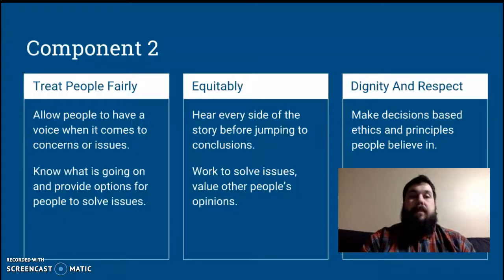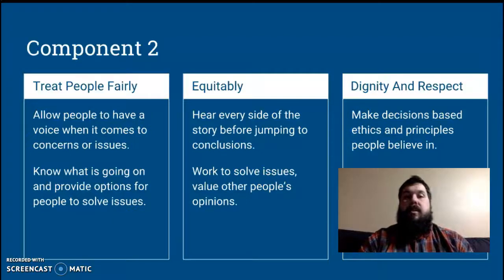Equitably, you hear every side of the story before jumping into conclusions. There's always two sides to every story, so making sure that you take those in account, but also working diligently to solve issues and value other people's opinions.